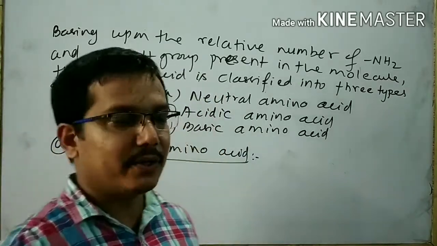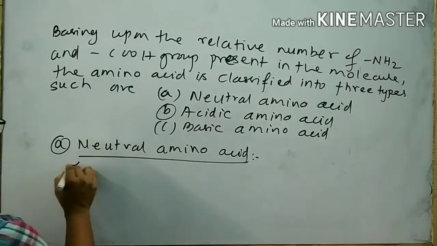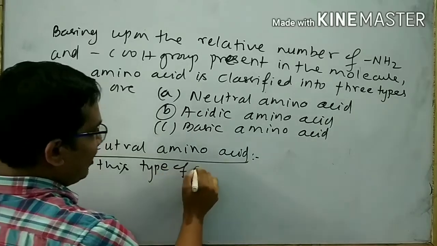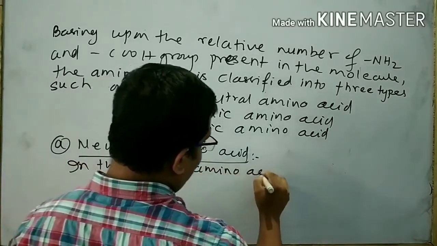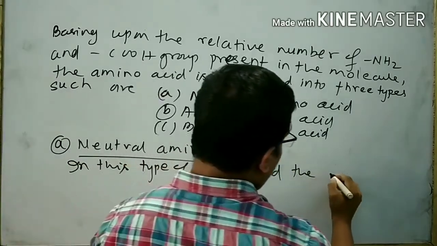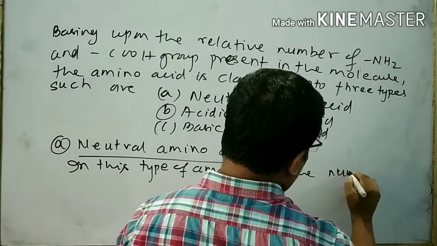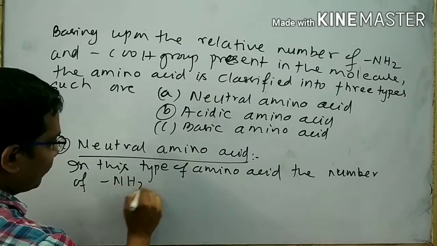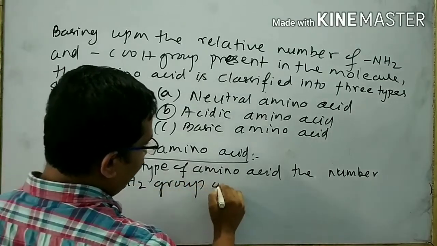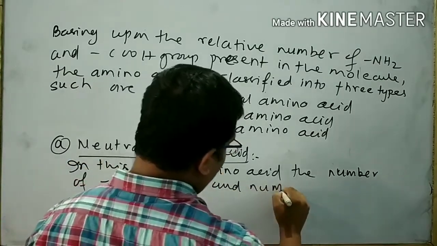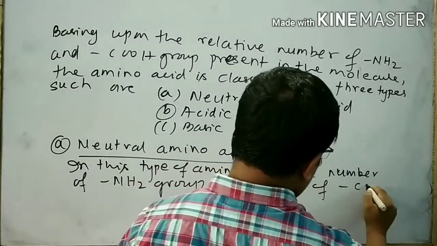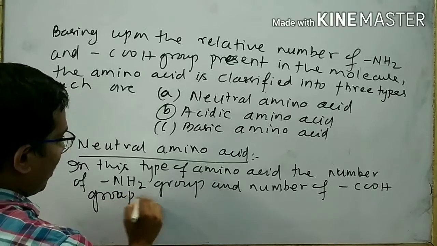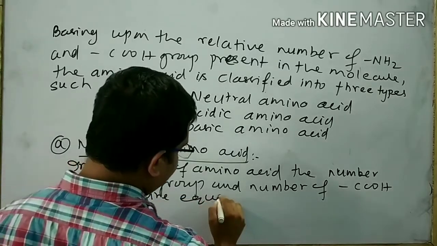this type of amino acid belongs to your neutral amino acid. So we can write in this type of amino acid, the number of NH2 groups and the number of COOH groups are equal.